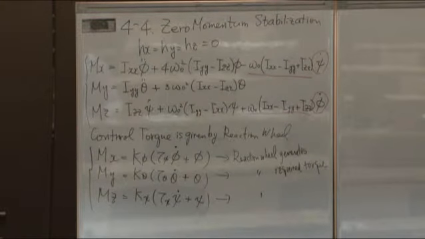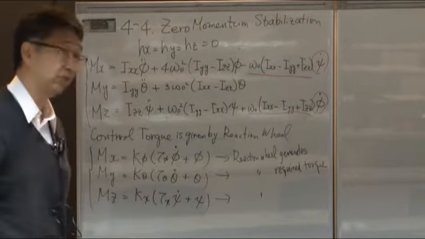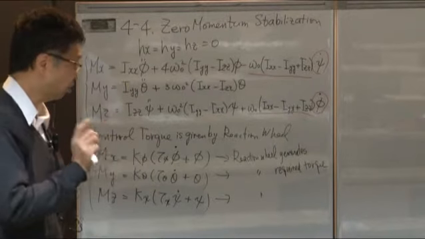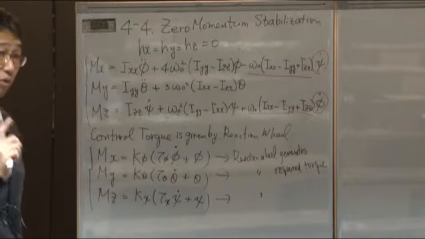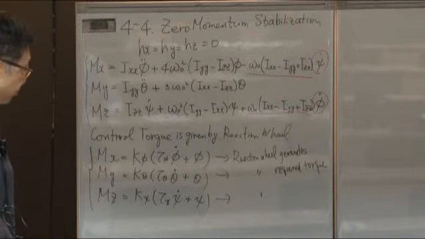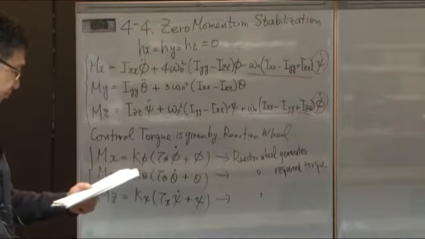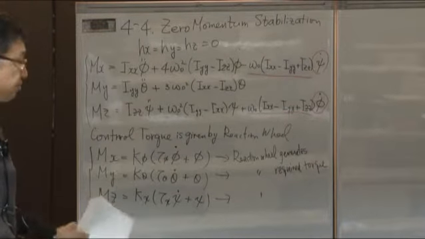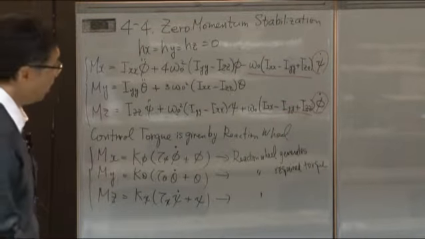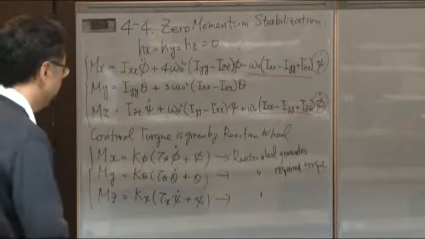These desired control torques are first calculated by this control equation, and then this torque is generated by the reaction wheel at each axis. So that's it. It's very simple. In this case, maybe you don't care much about this coupling.